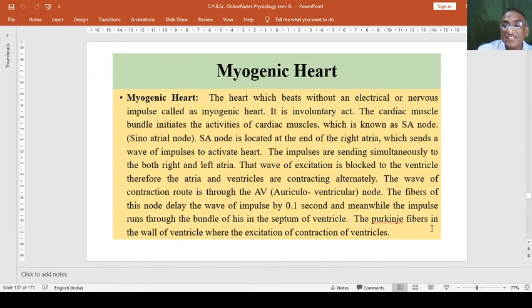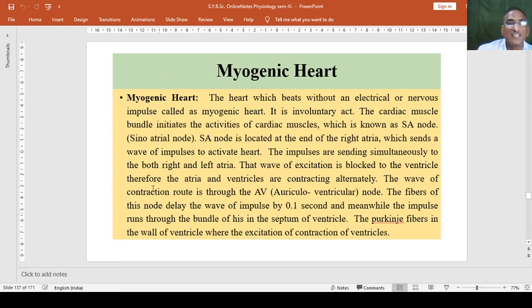The Purkinje fibers present in the wall of the ventricle start the excitation of contraction of the ventricles. In this way we can study neurogenic heart and myogenic heart.